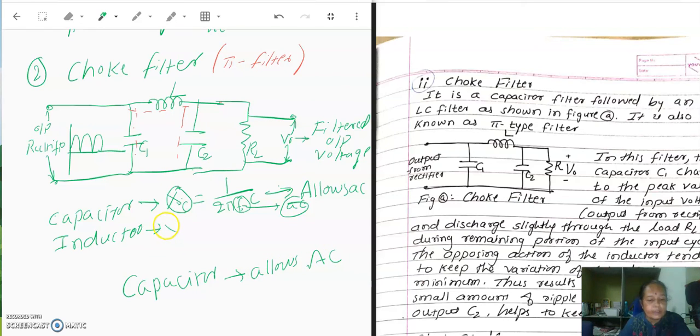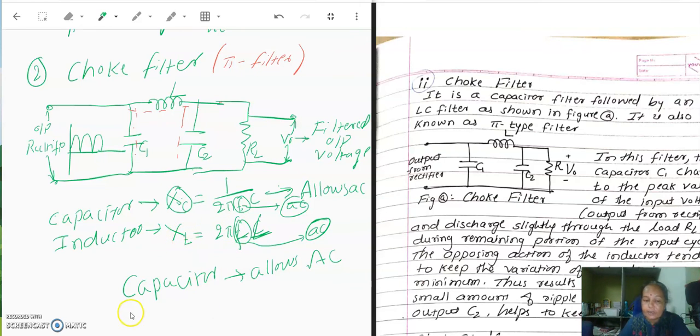And how about inductance? We shall write the formula of inductive reactance. It is 2 pi F L. F indicates the AC. As AC increases, XL increases. So, as AC comes, inductive reactance is going to increase.